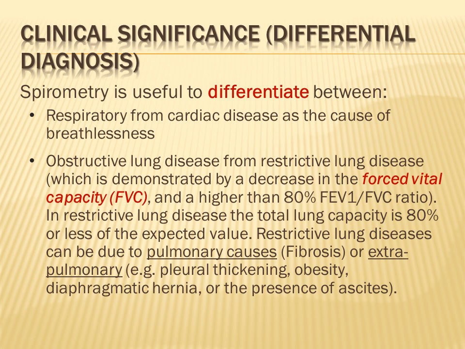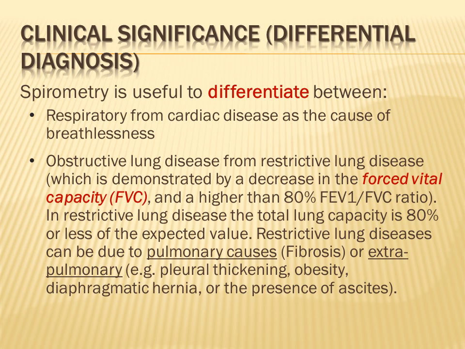And we will learn that in obstructive lung diseases, the forced expiratory volume divided by the forced vital capacity is usually less than 80% or less than 70%, whereas this value will be normal or even higher than 80% in restrictive lung diseases.